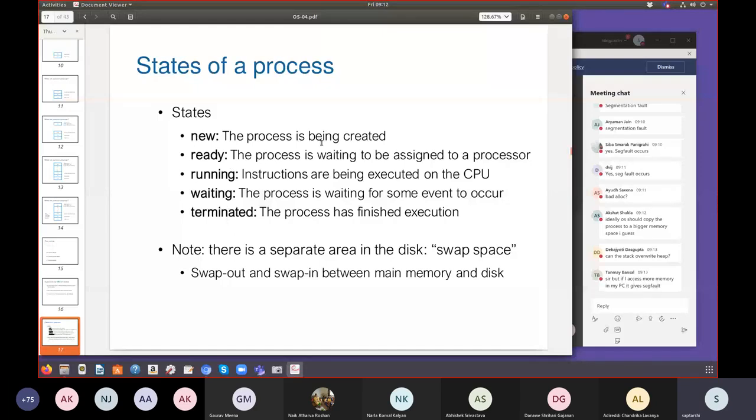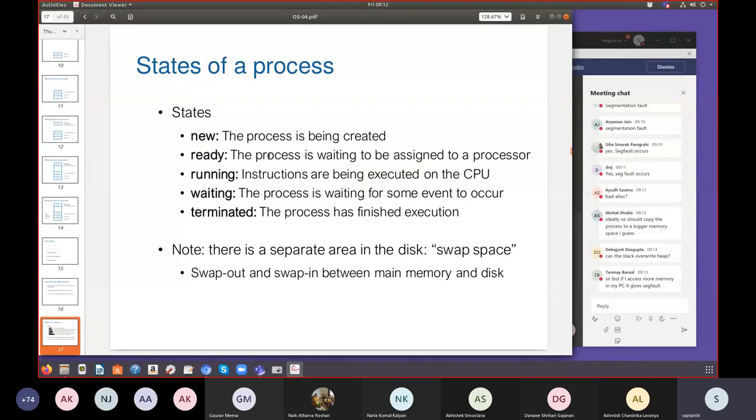So new is the process is just being created. Execution has not started yet, the process has just been created in memory. Ready is that the process is waiting to be assigned to the processor. So just after the process is created, it usually goes to ready.